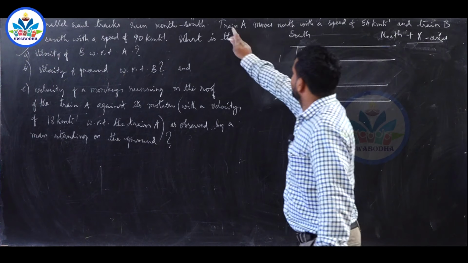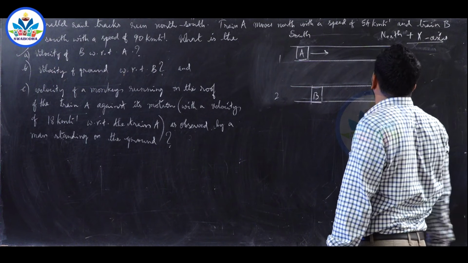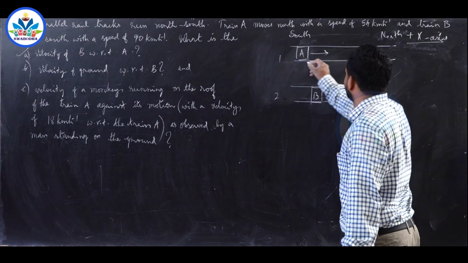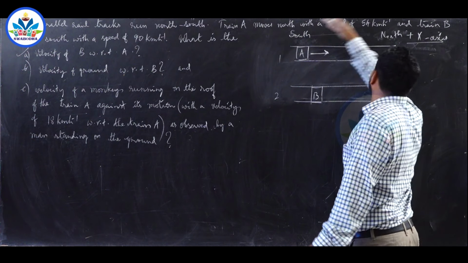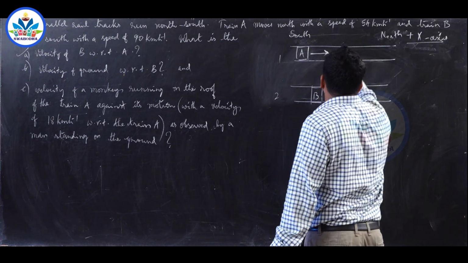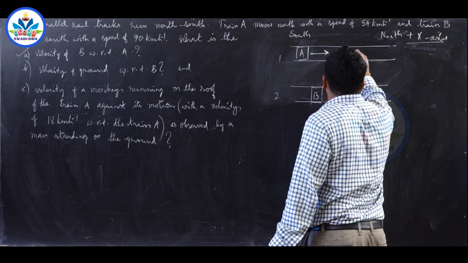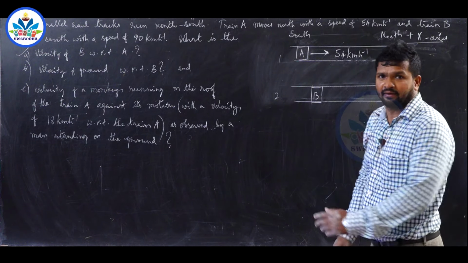Train A moves north with the speed of 54 km per hour. So train A is moving towards north, from south to north, with the speed of 54 km per hour. We must convert this into meter per second, no doubt.